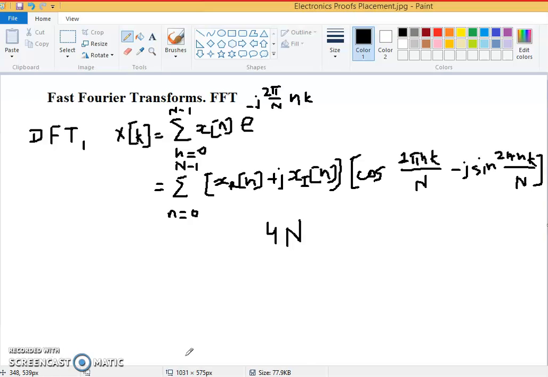And how many additions? After performing the 4n multiplications we have to perform summations also.